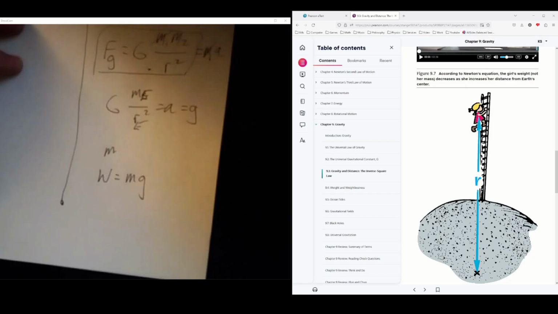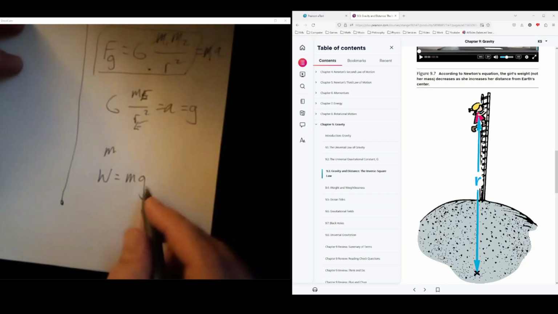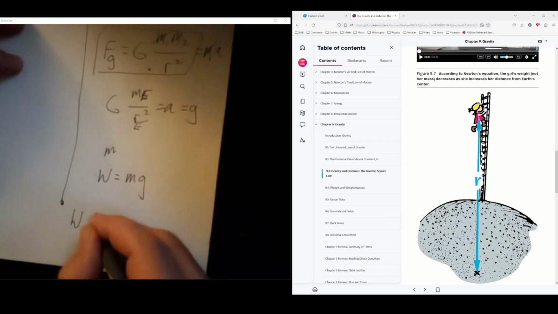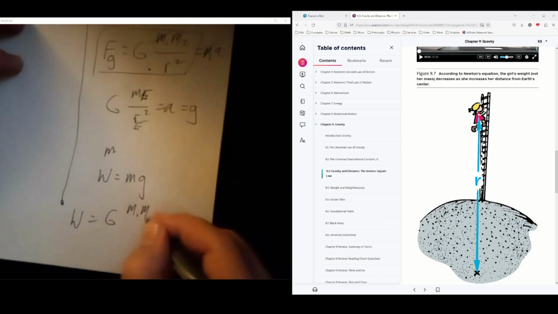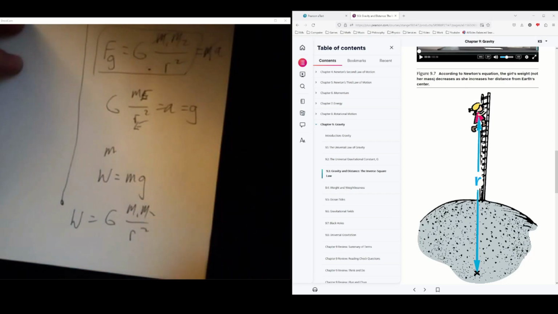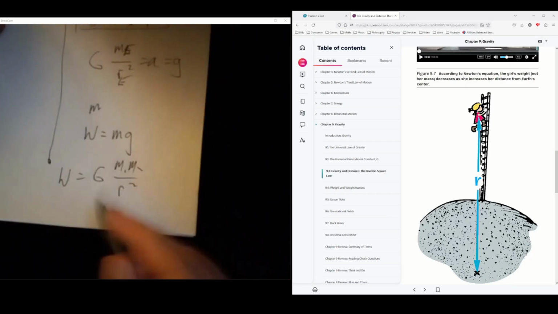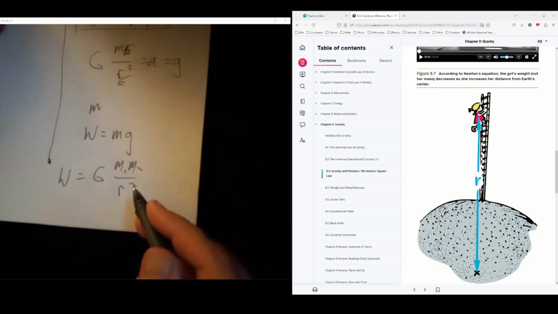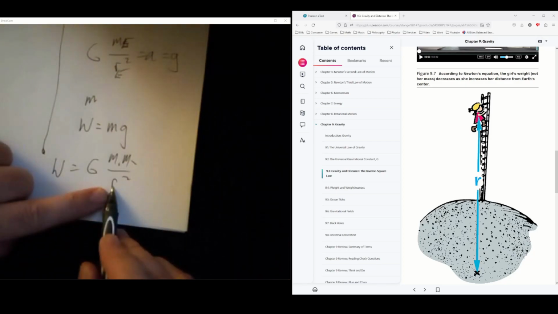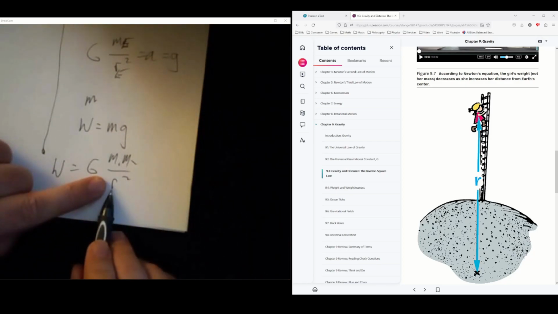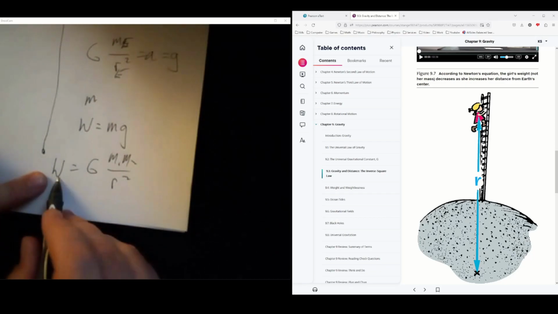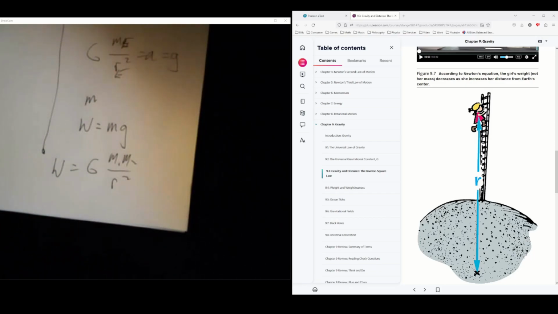And as this little girl climbs higher, now that we're using the official form for gravity, her weight is going to be this. And as she gets farther away, this distance r increases, and as you divide by this number, your weight will get smaller.